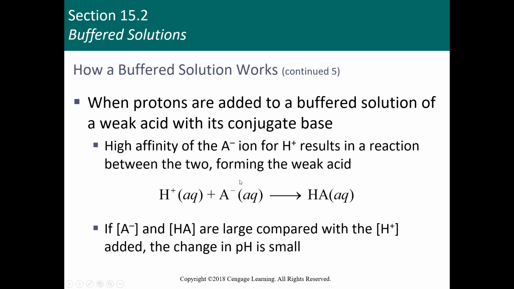And so yes, you get the same sort of relationship, it's just in reverse now. We're adding H plus to the base, giving us the acid. And so again, your A minus and HA are both going to be large in comparison with this H plus. So your pH would then be a very small change.